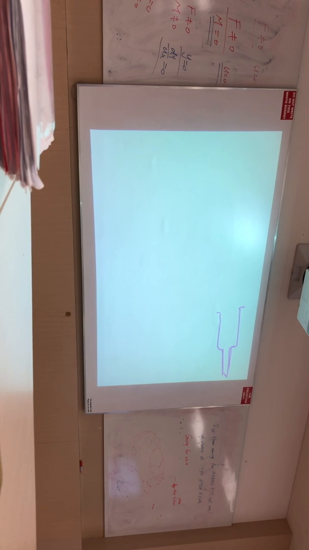So here is the velocity of the plunger, and this indicates the control volume. And here is the leak. This is the Q out.